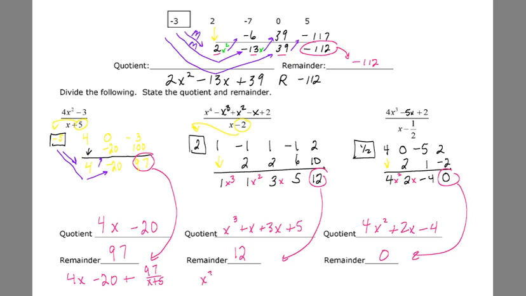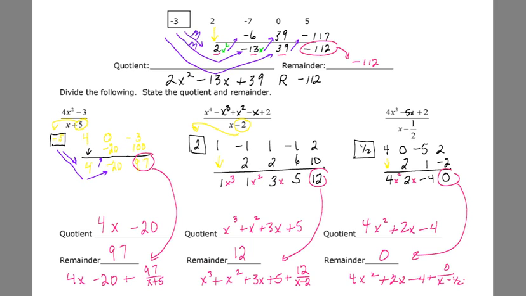This one might be written x cubed, oh, forgot my square, plus x squared plus 3x plus 5 plus the remainder over that divisor, x minus 2. And then this one could be written as a 4x squared plus 2x minus 4 plus a remainder of 0 over the divisor, x minus 1/2.